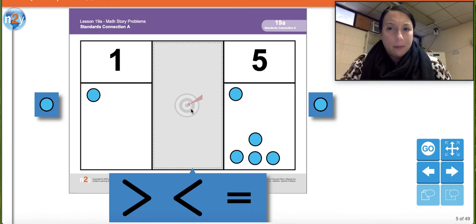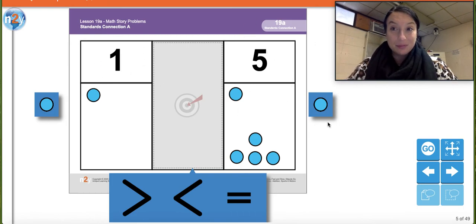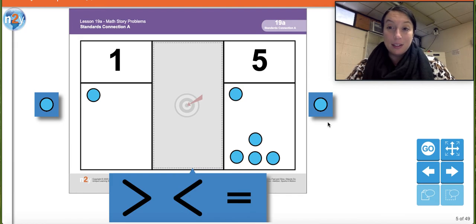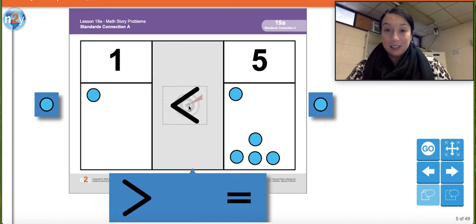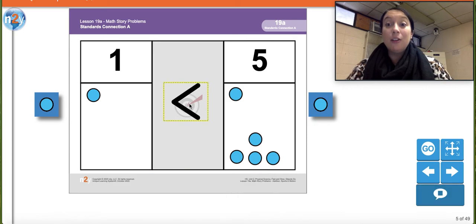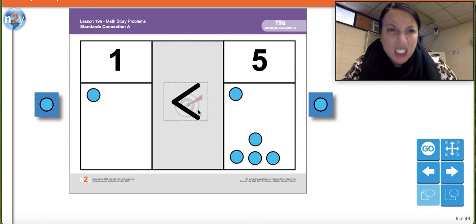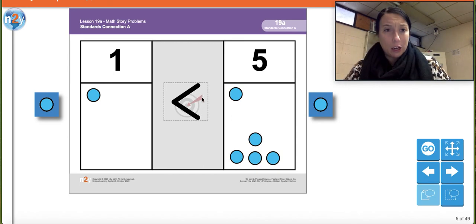It has more. The 1 on the left or the 5 on the right? You're right. Less than. 1 is less than 5. So we have our little alligator mouth, always eating the bigger number.